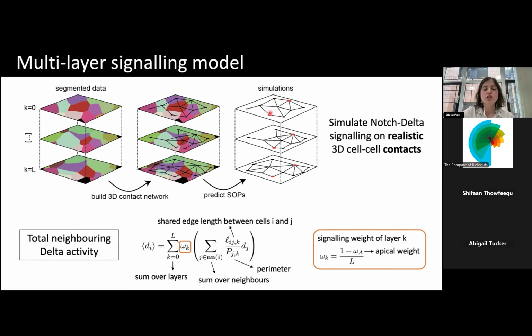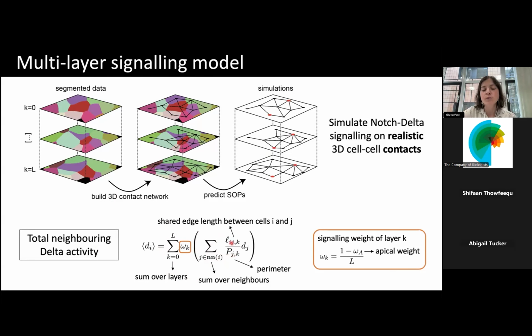And just to highlight, the main difference in this case compared to the initial 2D model is literally how we calculate the total neighboring Delta activity for each cell. So in this case, we have to consider every single layer. So we have a sum over all of the Z layers. And then on top of that, for each cell, we sum over all of their neighbors.